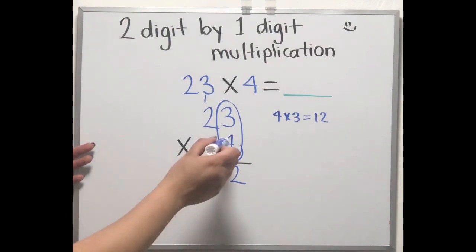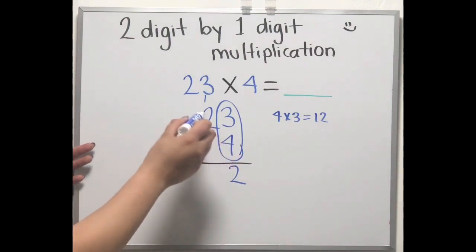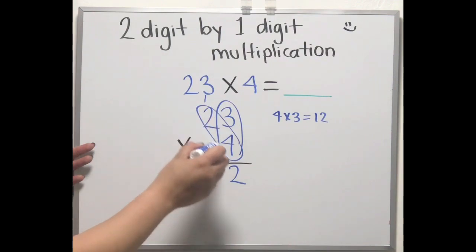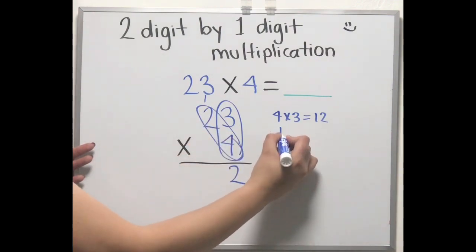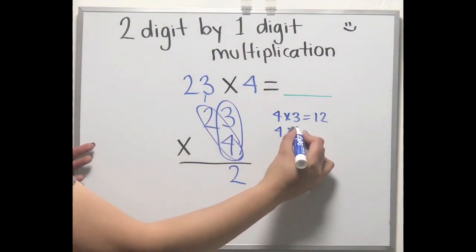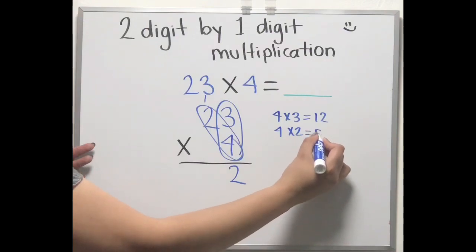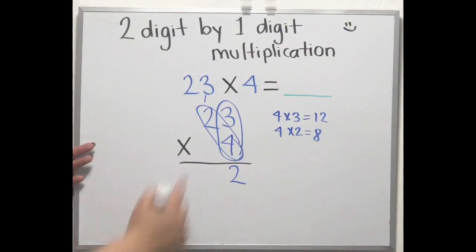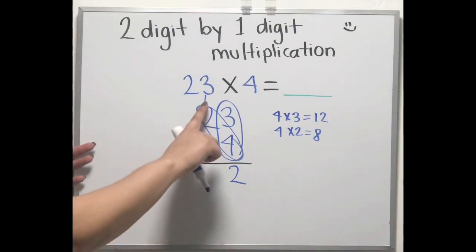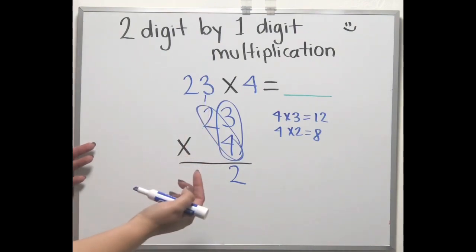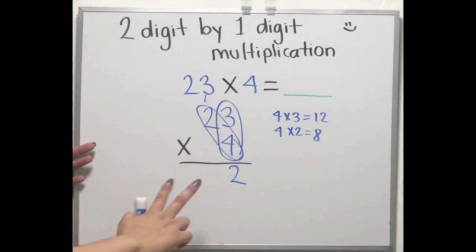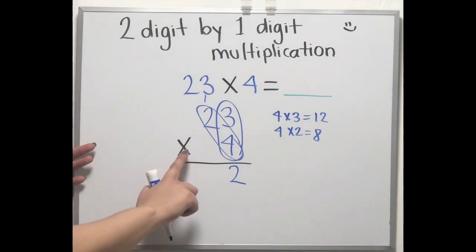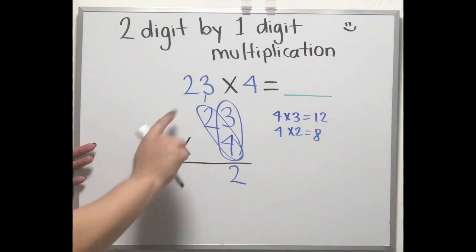Now it's time for us to multiply 4 times 2. So we do 4 times 2, that's 8. But wait, we don't just go ahead and put the 8 right here because remember we carry a 1. So what we do with that is we add. So now we're kind of combining two operations. We're combining multiplication and addition.